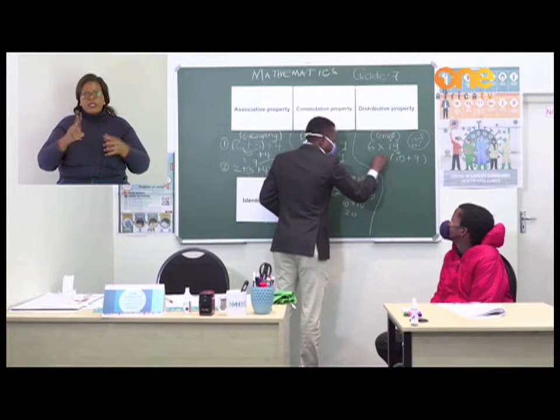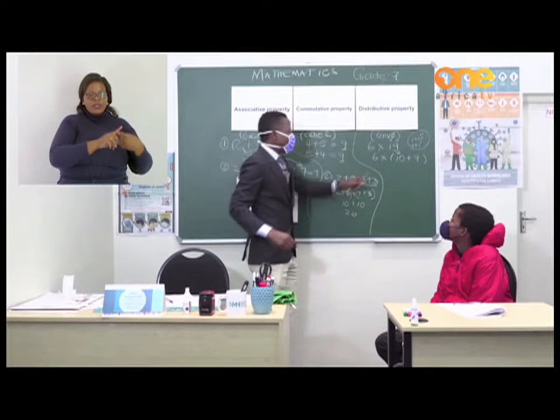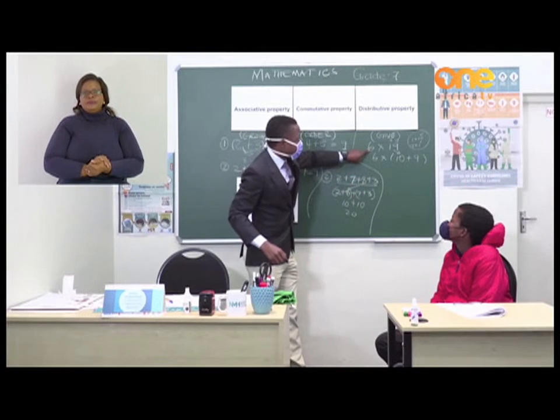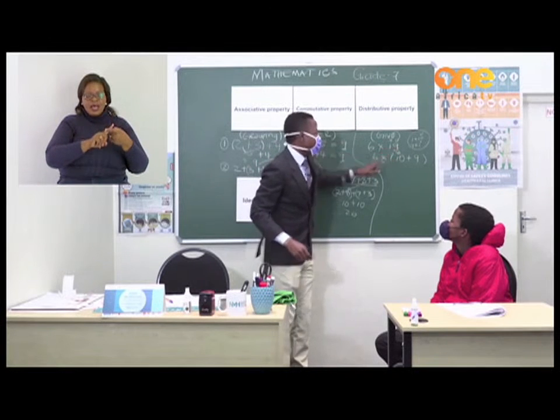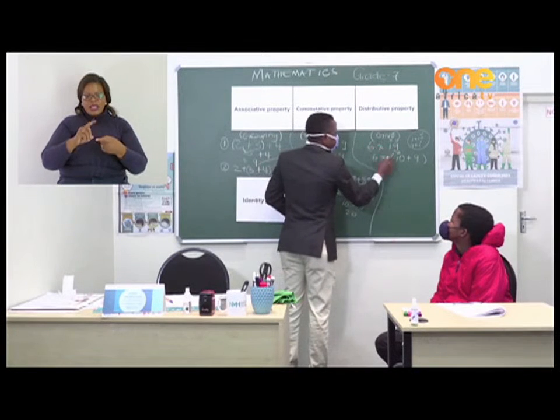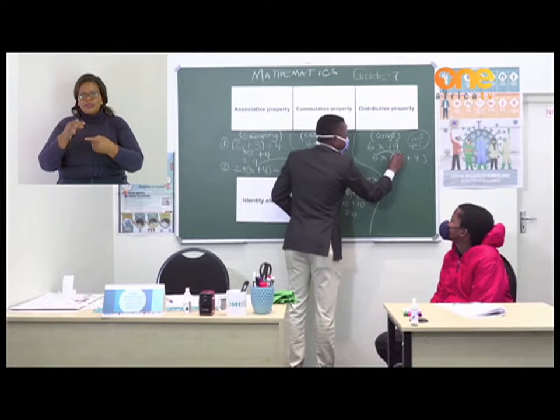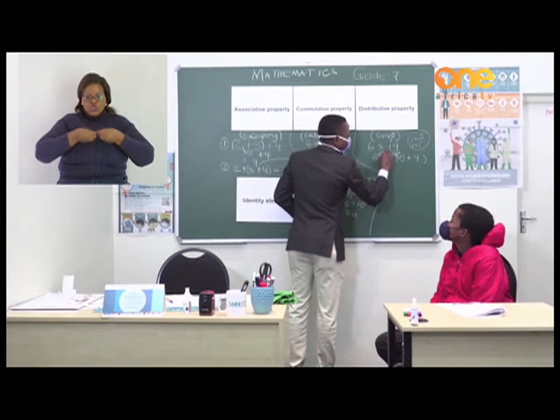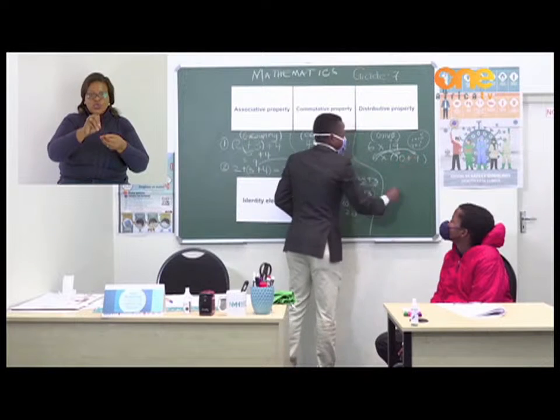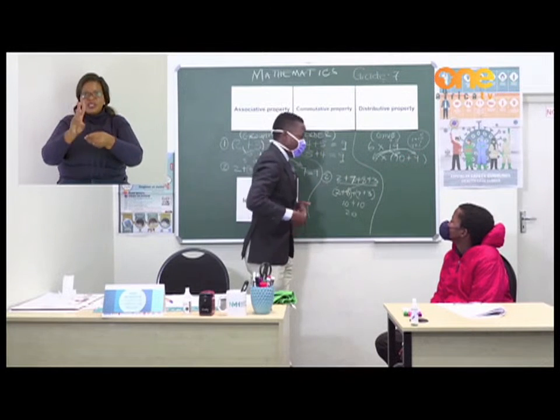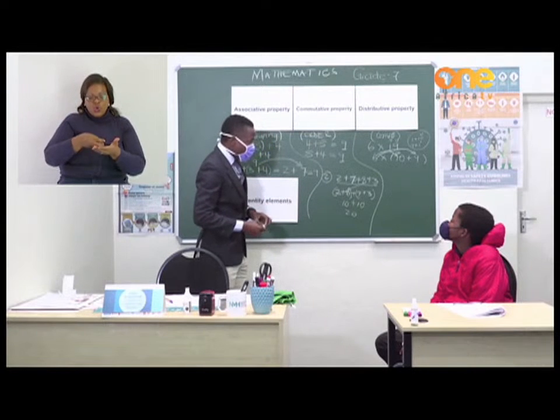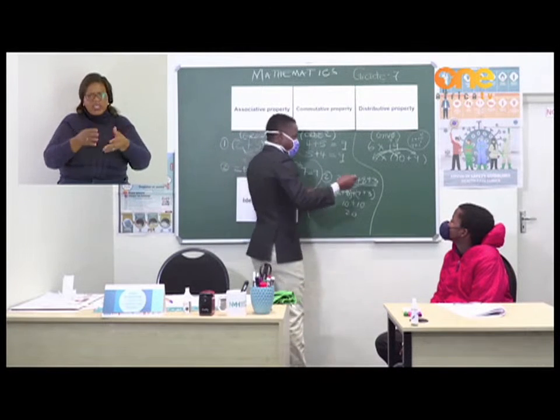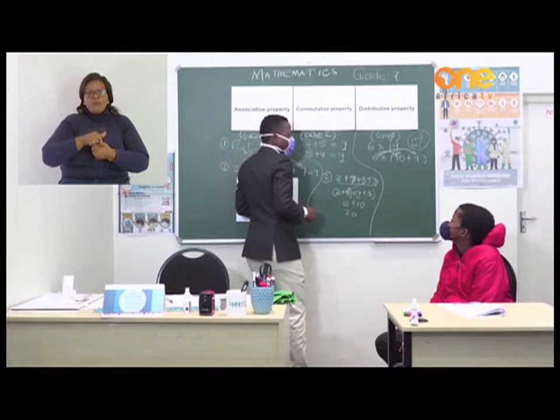Then times 6. So in short, you are saying 6 times 10 and 6 times 9. You are giving 6 to 10, and you are also giving 6 to 9. So you are distributing. Remember about the granny in the booklet, whereby she's giving sweets to the grandchildren.